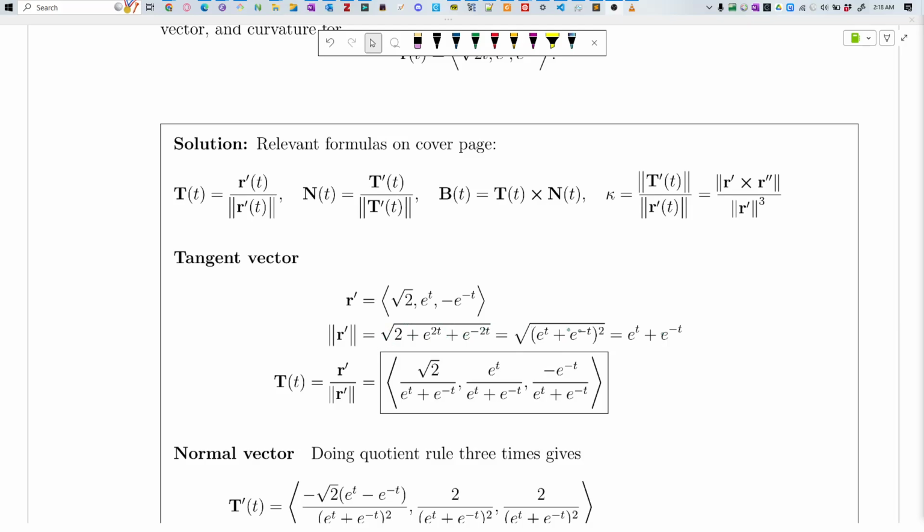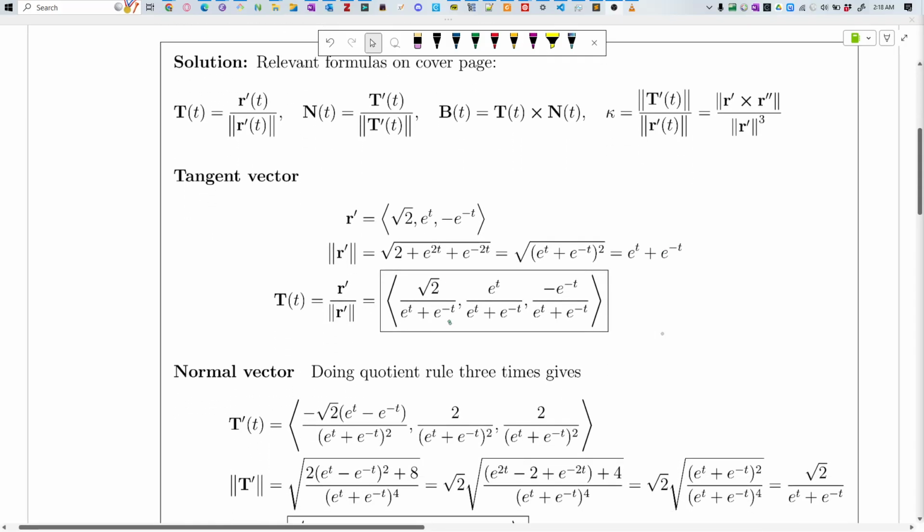So that allows the square root to disappear, which is really convenient, especially because we'll have to take a derivative later on. And if you want to take a derivative with a square root involved, there's a lot in there. Okay, so there we have the magnitude of r prime.